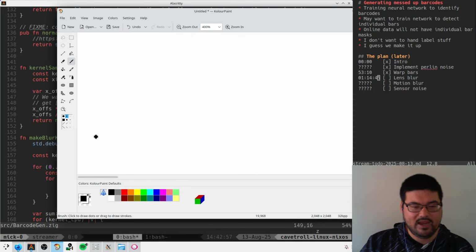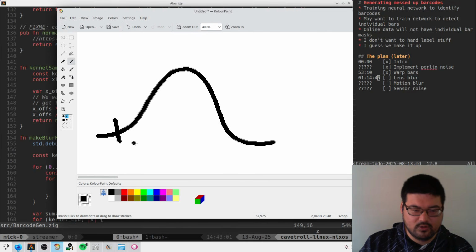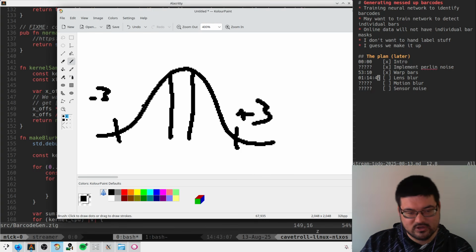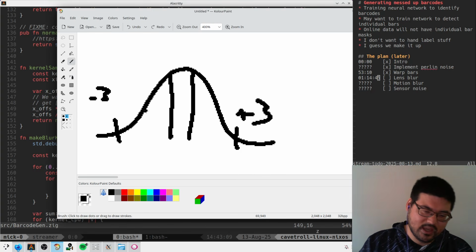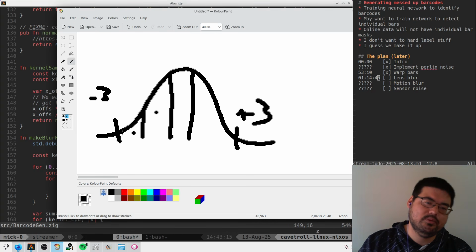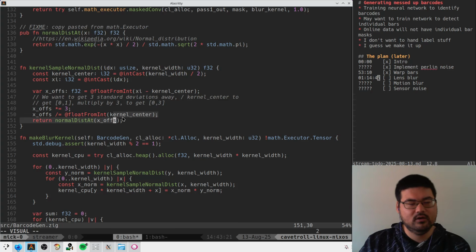So how do we do that, right? If we're chunking this into, you know, we have -3 to +3, and we're trying to chunk this thing into n chunks, right? So we have some amount of things between here. So we probably just add the width over 2 or something.